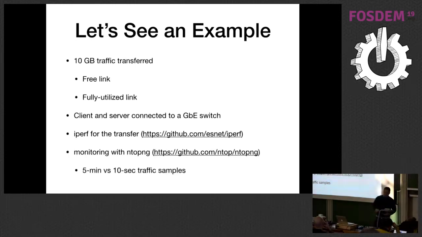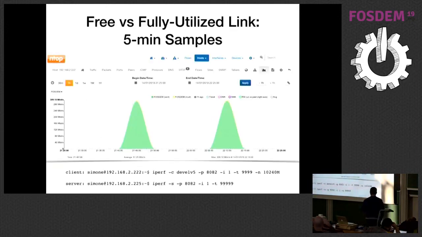And I would like to show you what happens if we use 5-minute samples on one hand and 10-second samples on the other hand. To do this experiment and to make it reproducible, I'm going to use iPerf to send the data and ntopng to do the monitoring. And we are going to see ntopng in detail later in this presentation. So let's start with the 5-minute samples.